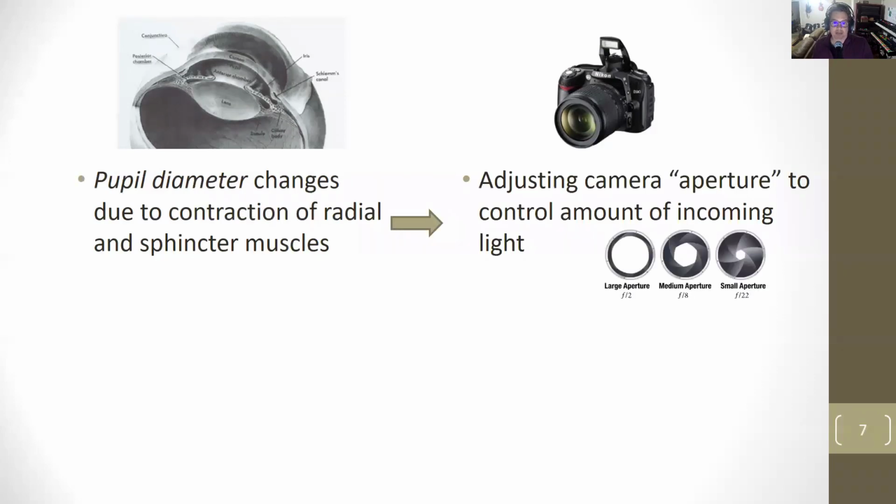It's very similar to adjusting the aperture of a camera, in terms of how long the shutter is open to let in more light. It's not exactly a diameter thing, but it is about how much light we let into the imagery.